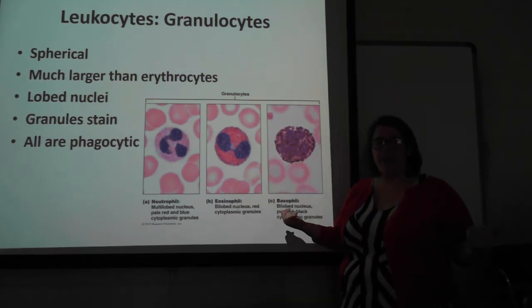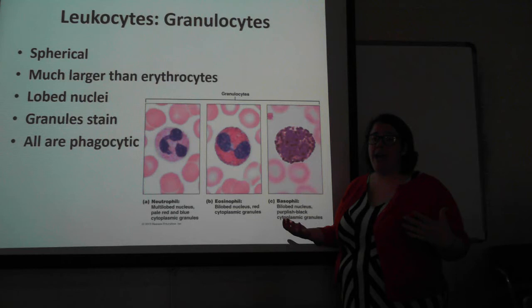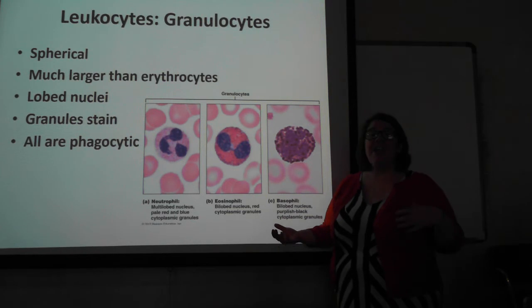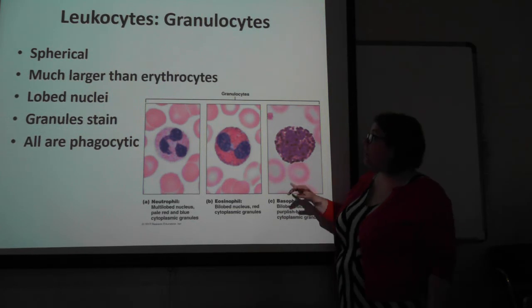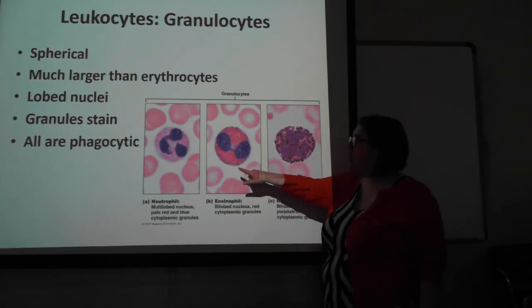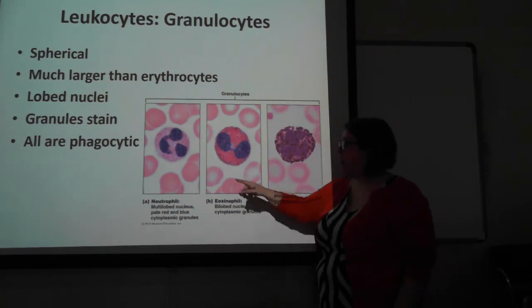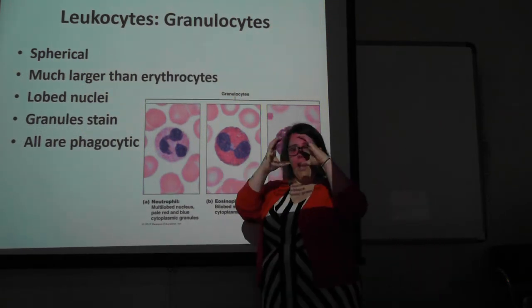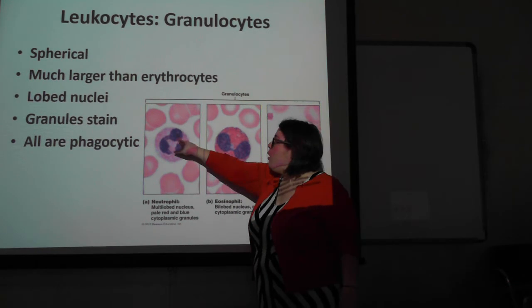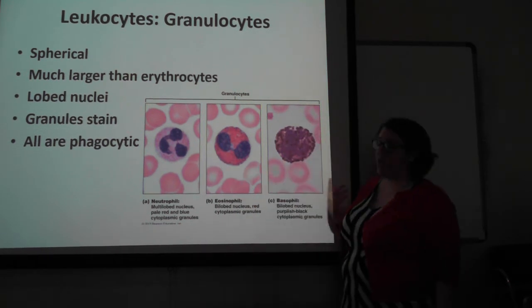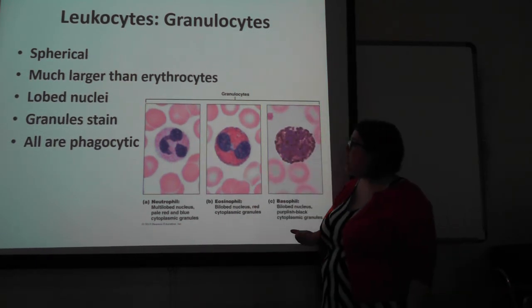All white blood cells are going to have a nucleus. And one of the big ways you can identify them is the shape of that nucleus. So in our granulocytes, we're going to have what are called lobed nuclei. So you can see instead of having a round cell with a round nucleus, we've got kind of these lobe-shaped structures as our nucleus.